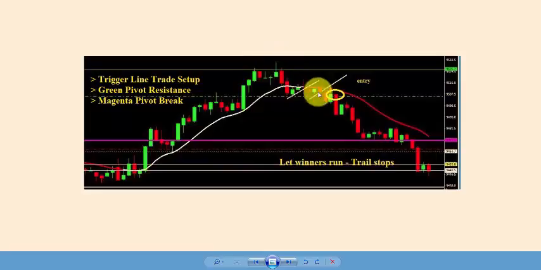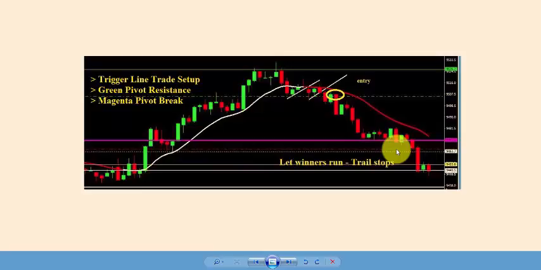I'm looking for a 1, 2, 3 setup, and as soon as that is confirmed, that's where my entry was. In this particular case, I'd set up multiple trade positions and TP1, TP2, etc. all taken, and then trailing the stops. So see, that's my entry. My stop now is sitting here.